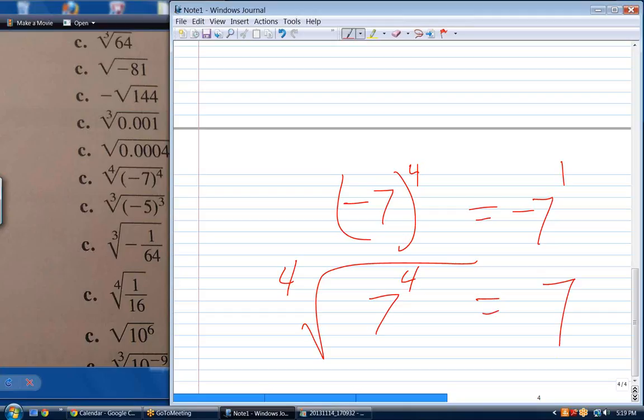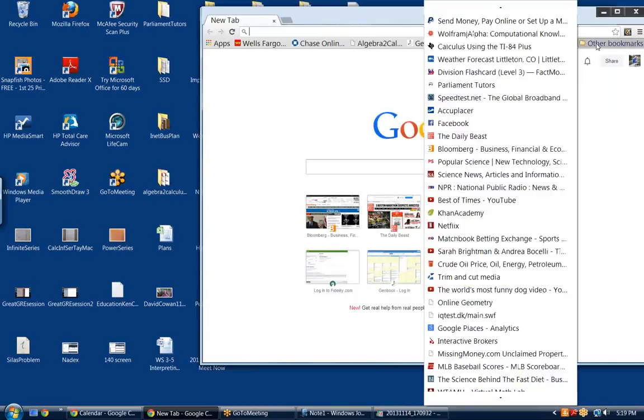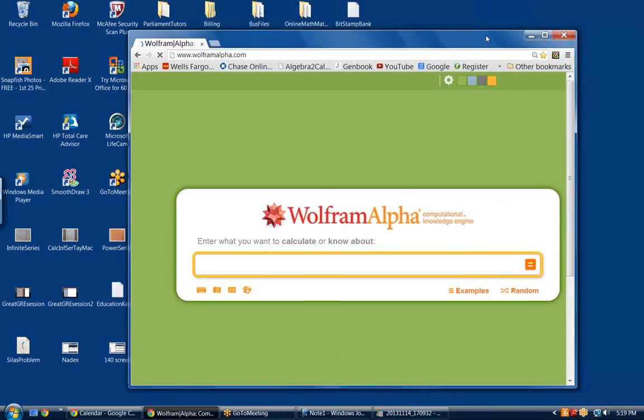So if it's a negative number and it's an odd exponent, it's going to be negative, and if it's an even exponent, it's going to be positive. Let me put this into Wolfram Alpha and see what they say the answer is, because I'm not sure what the answer is to that. That's such a strange one.